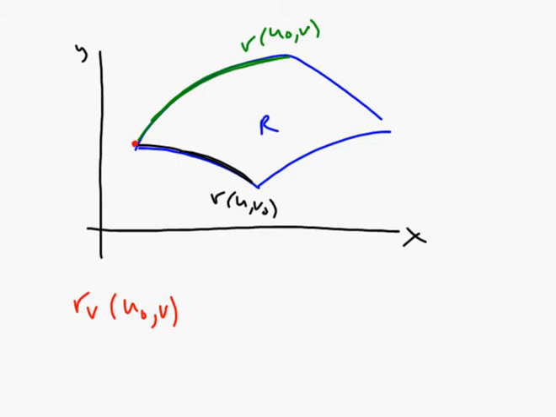That would give us this vector here, this tangent vector. And similar reasoning, that vector has a good name. We'll call that R sub u of u comma v0. All right, I'd like to get them involved somehow. We're going to shortly. We're just going to do one more thing.